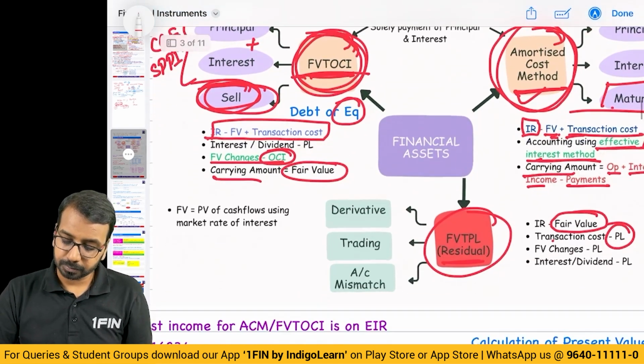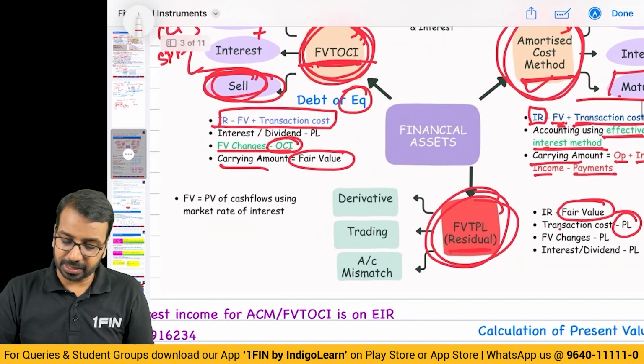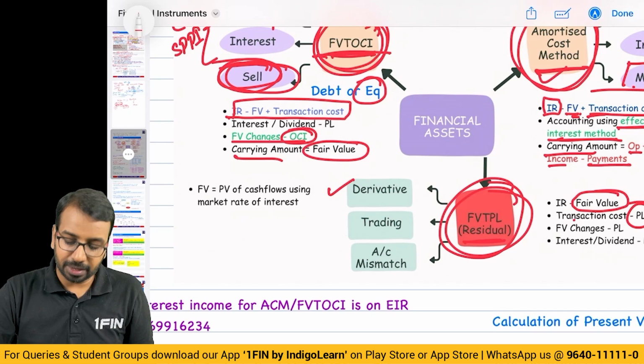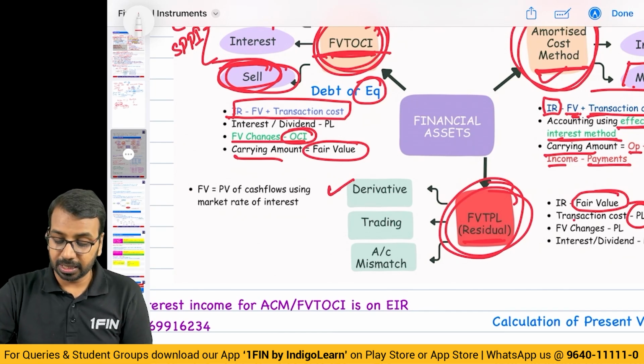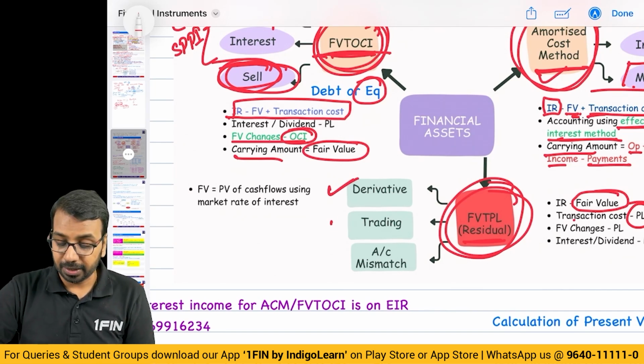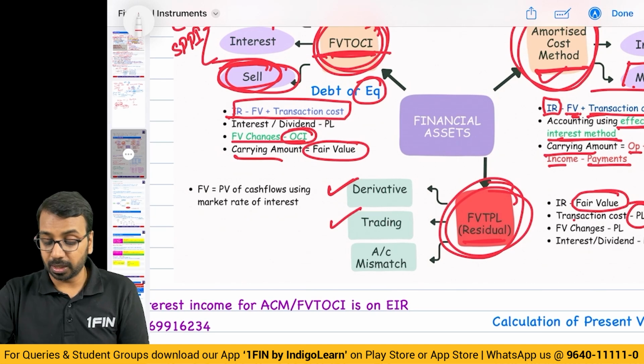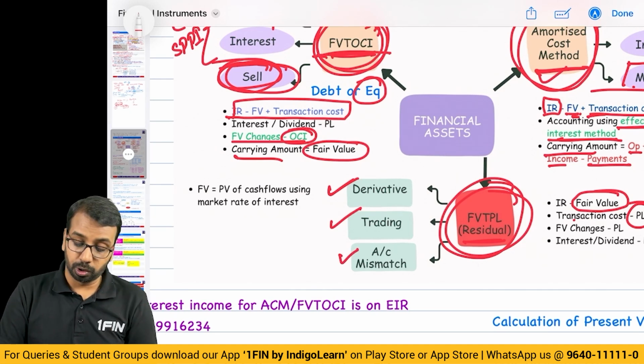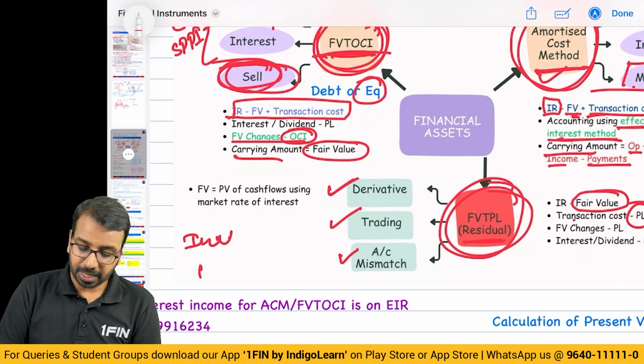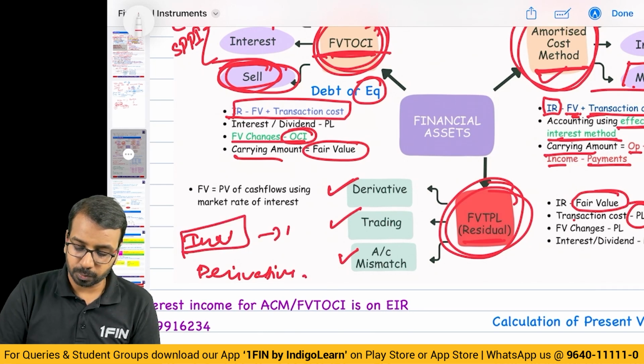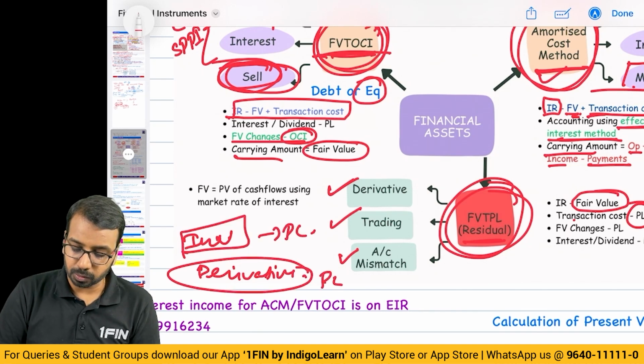Okay. As far as FVTPL category is concerned, if there is any derivative, that is a residual category, derivative will always go to FVTPL. If it is trading, again it will go to FVTPL. If there is accounting mismatch, as I told you, there is inventory and there is derivative on inventory. Inventory goes to P&L, so this derivative will also go to P&L.